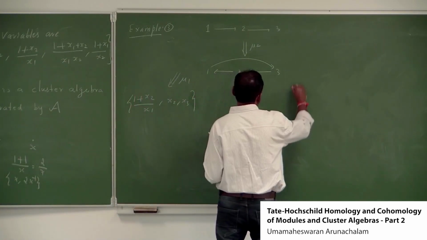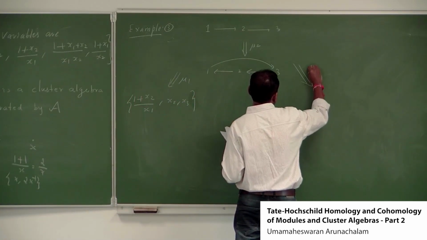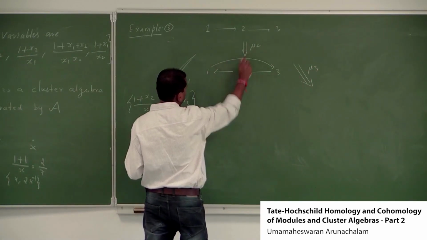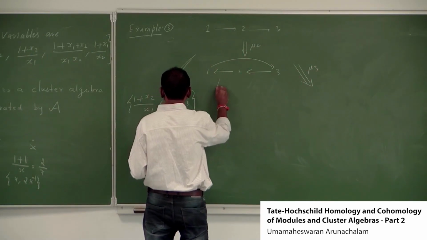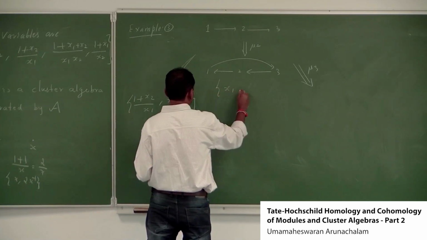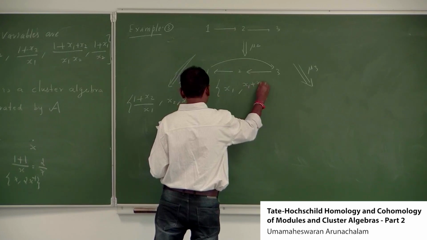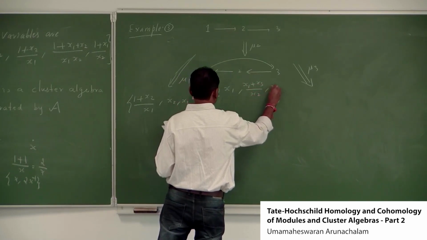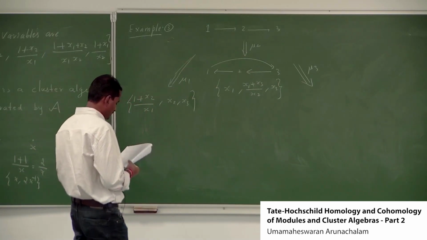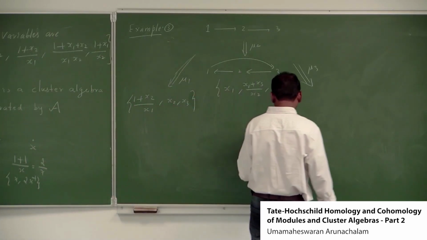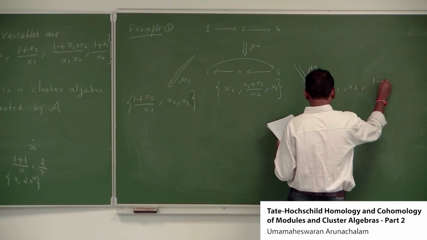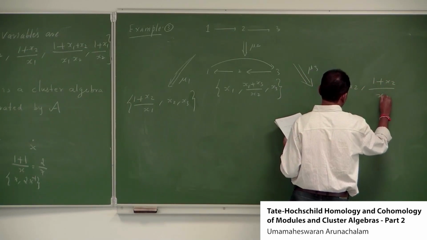For finding mu3, this is mu3. So it is mu1, it is coming from there. This is mu2. From mu2 we have to find the variable x1, comma, (x1 plus x3) divided by x2 x3. This is your mu2. For mu3 we are getting x1, comma, x2, (1 plus x2) divided by x3.